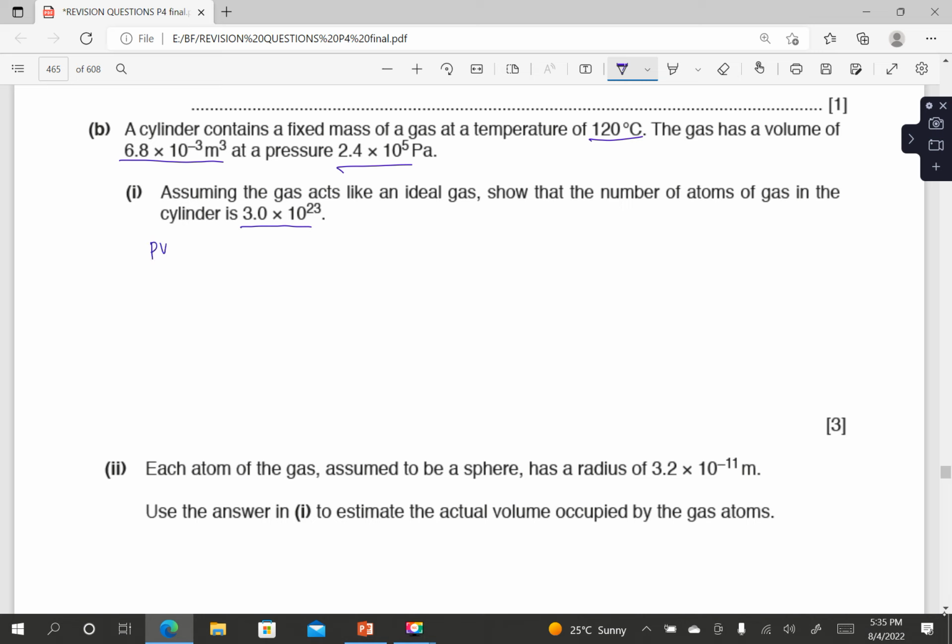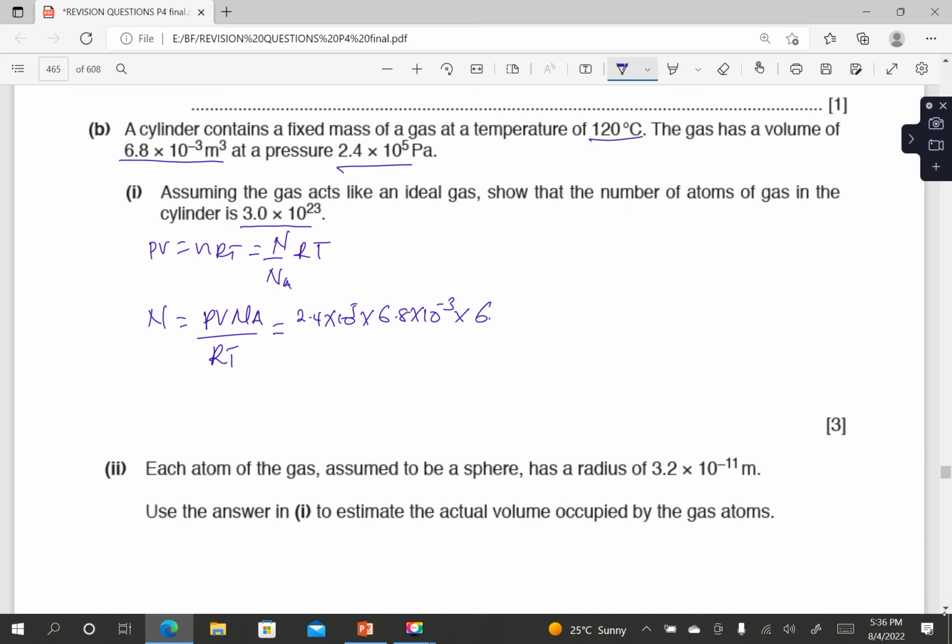So PV is equal to nRT, which is equal to number of atoms over Avogadro's number times R times T. Make N the subject. N is going to be PVN_A divided by RT. We substitute. Pressure is 2.4 times 10 power 5 times volume is 6.8 times 10 power negative 3.